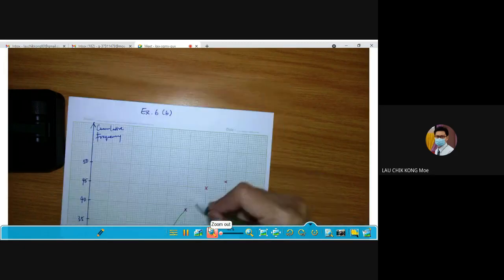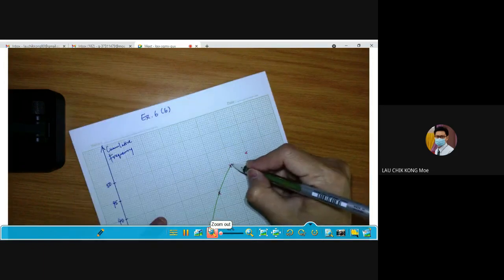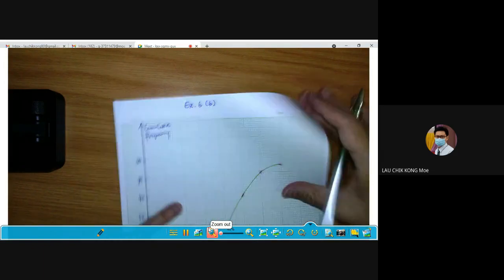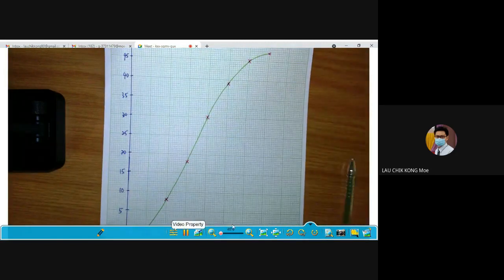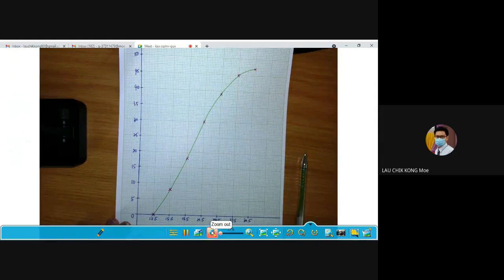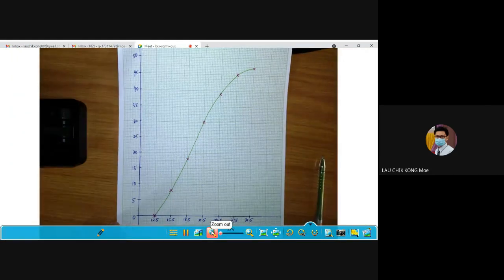Later on I will let you know. Okay, this is our graph here. I make it smaller. Alright, this is your graph.